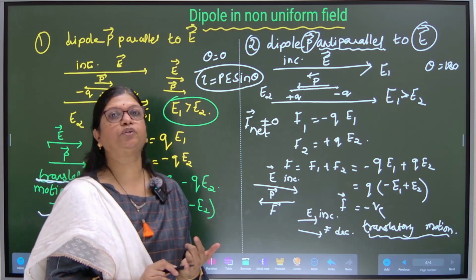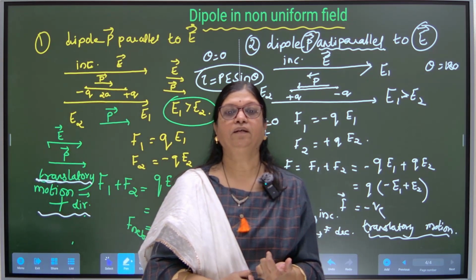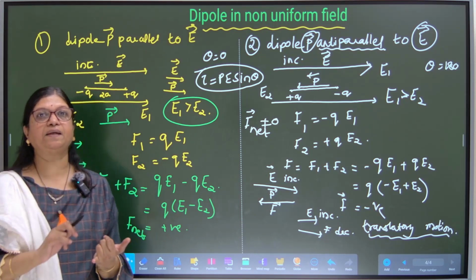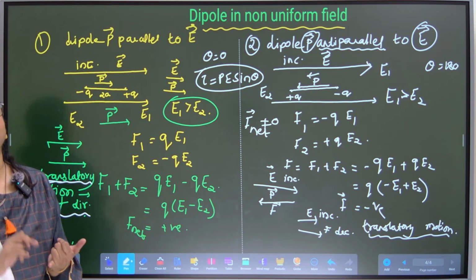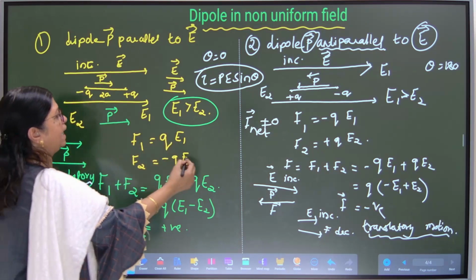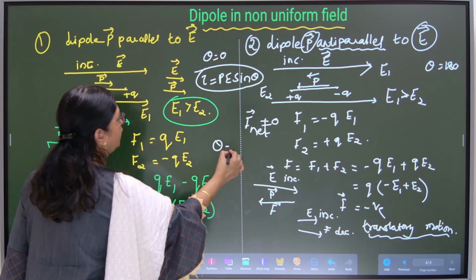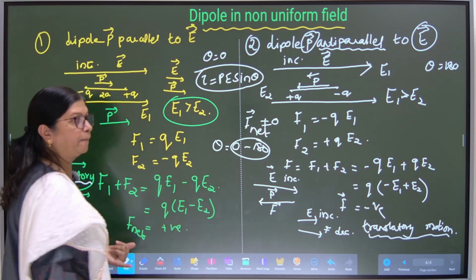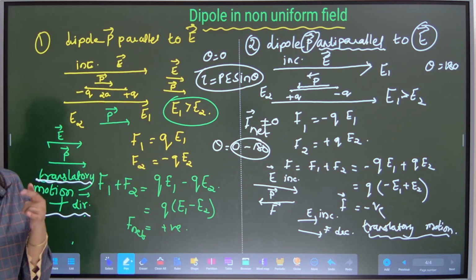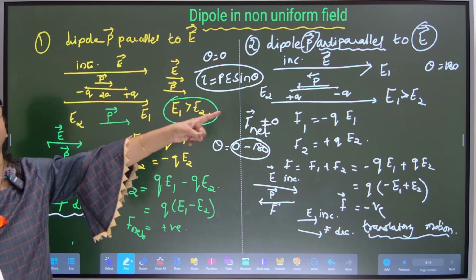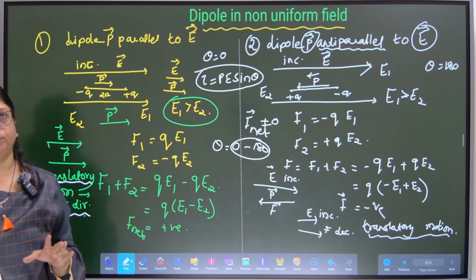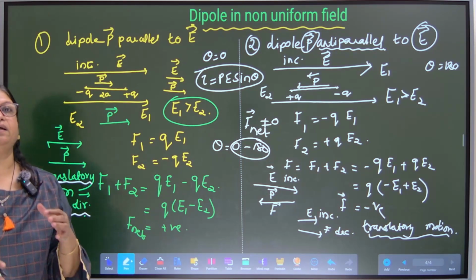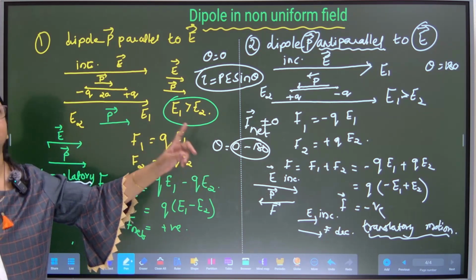If theta has some other value between 0 and 180, torque will be there. If theta is 0 or 180, torque will be 0. It will not have a rotatory motion, right? And force for both the cases will be there.